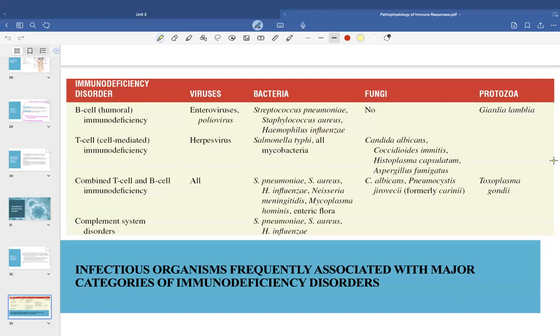But this is a good summary slide that hopefully clues you in. These are clues as to what kind of deficiency it is. Your patient presents with, say, an Aspergillus pneumonia. You better look at their T cell levels.